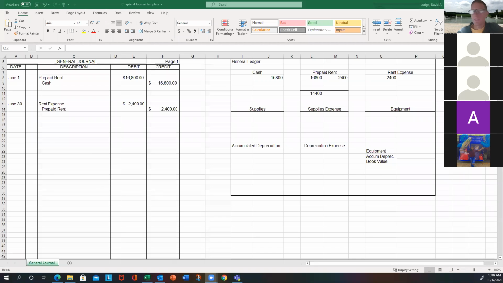I'm just using this to try to give you a visualization and saying that this is what would have created the event to have the adjustment, because they bought the rent. And then this would be the actual adjustment. You'll actually enter all of this into Connect. But again, I just think it's helpful to make sure I reinforce that the general journal is where we record, and the ledger is where we post.